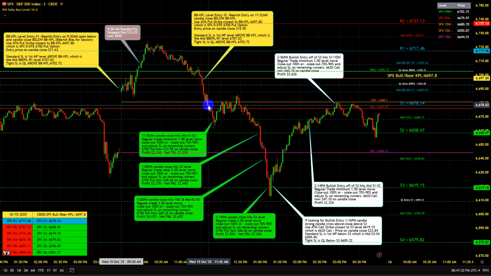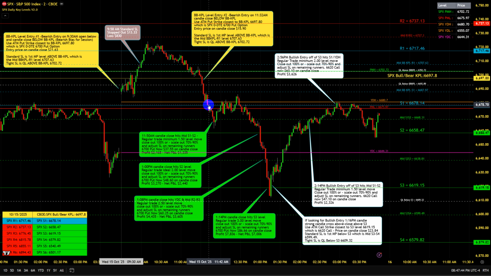So this would be where your exit would be for a scalp. And on scalps, there is no adjustment of your stop loss. When it hits this level, you're simply closing out 100% of your contracts, whether you're scalping 1 contract, 3 contracts, 10 contracts, or more.